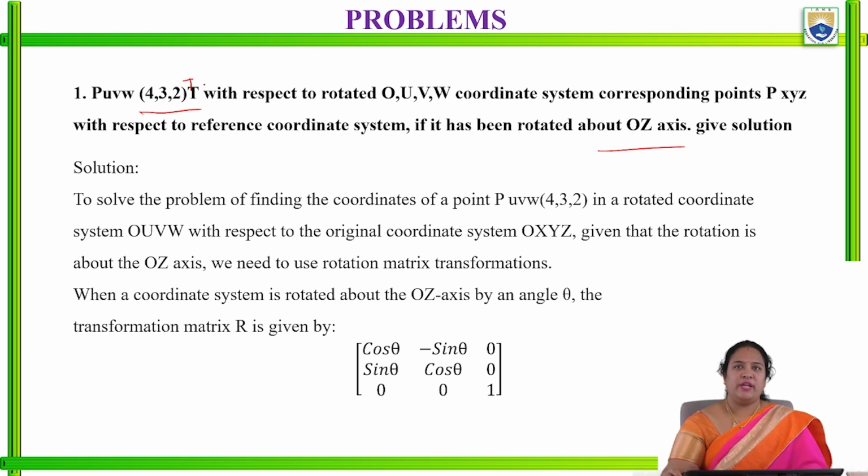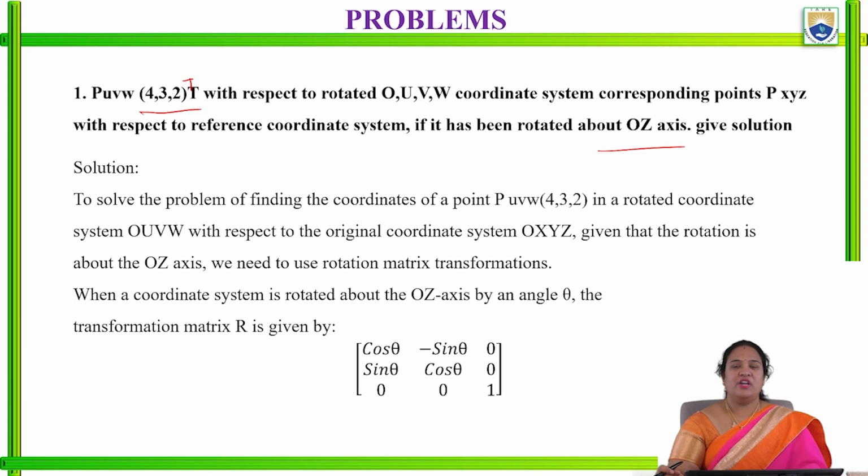With respect to rotation of the O-U-V-W coordinate system, we need to find the corresponding point P, X, Y, Z with respect to the reference coordinate system, if it has been rotated about the OZ axis.